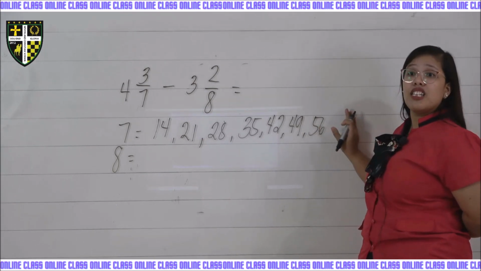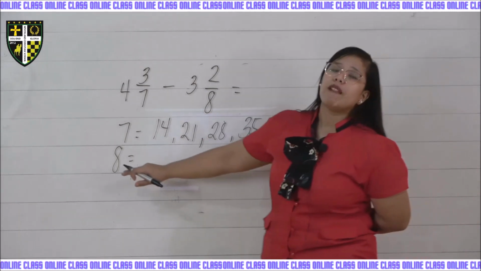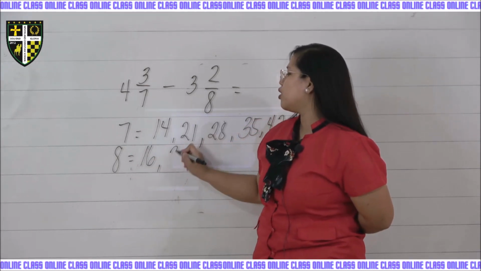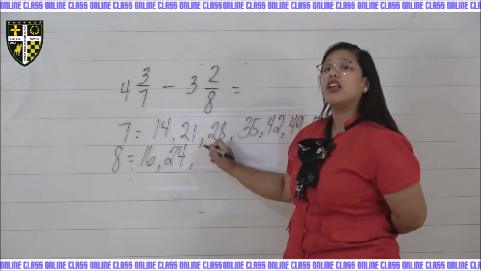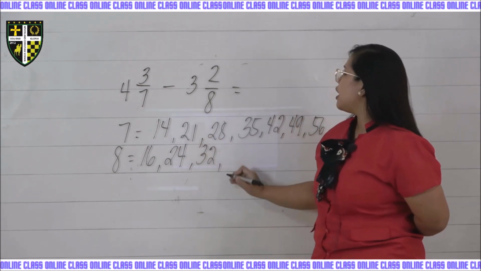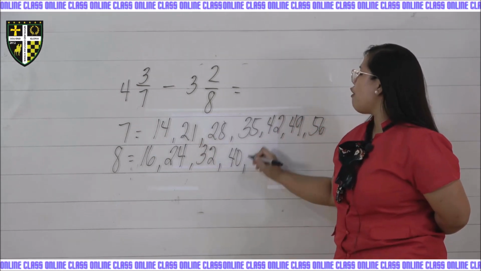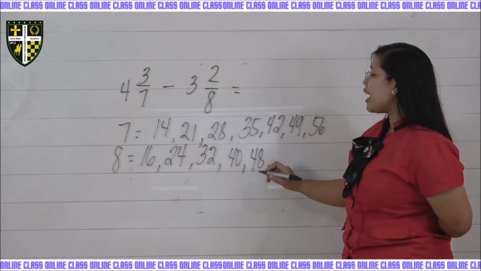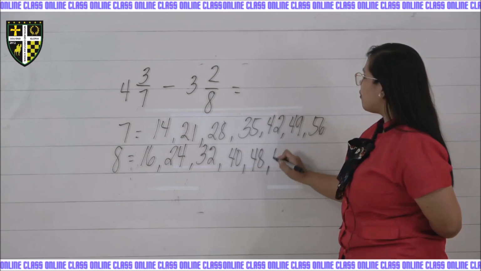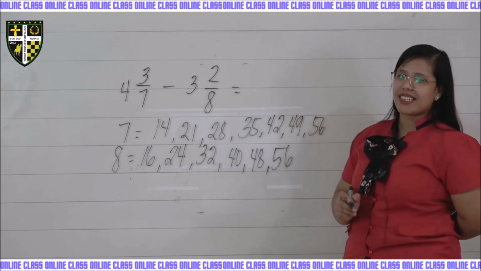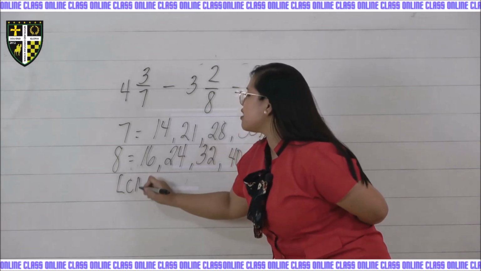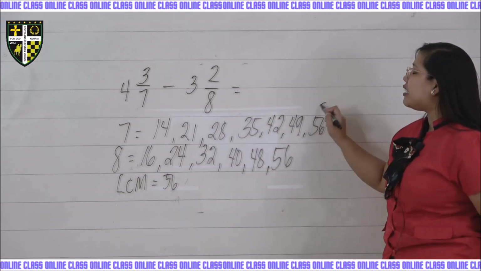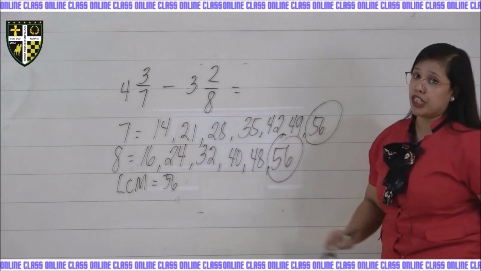Let's stop here first. Let's proceed with 8: 8, 16, 24, 32, 40, 48, and 48 plus 8, we have 56. And their LCM is 56. Always remember their least common multiple, okay?